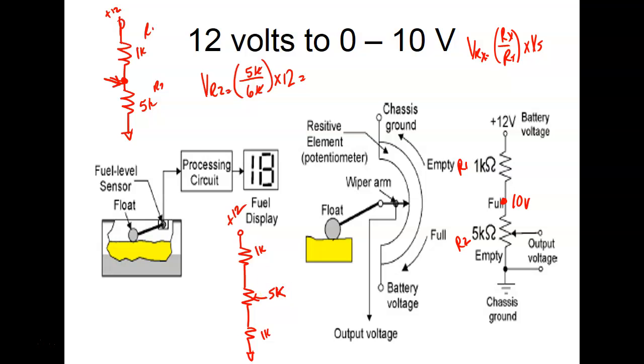What would be the maximum voltage I would get out of my potentiometer, and what would be the minimum voltage I would get out of it? My maximum voltage is not going to be 12, and my minimum voltage is not going to be 0. The voltage drop across this resistor affects what this is going to be. The voltage drop across this resistor would set what this is supposed to be. You understand what I said?